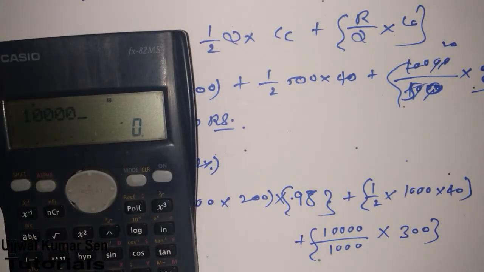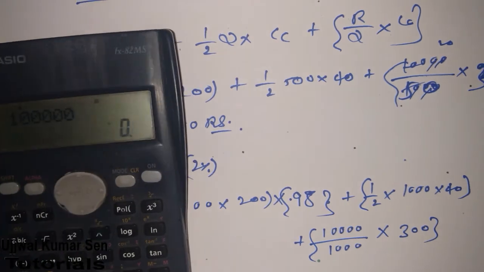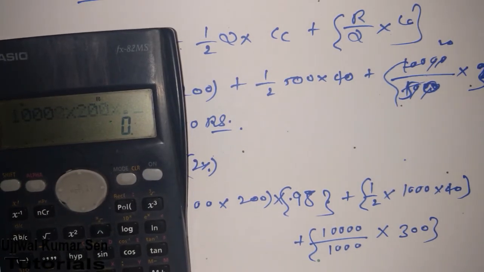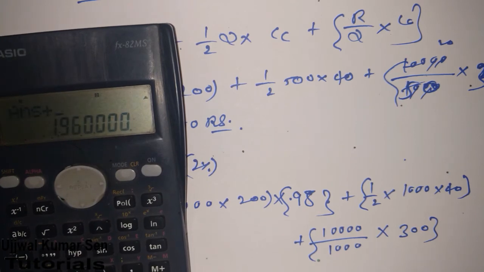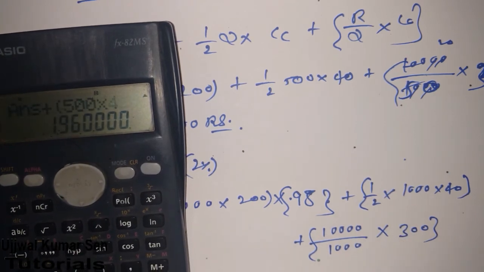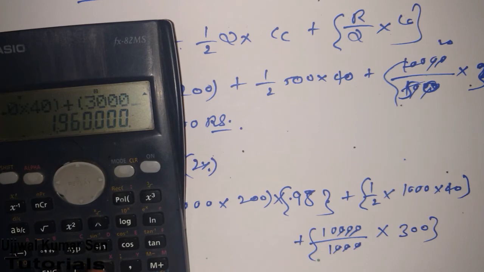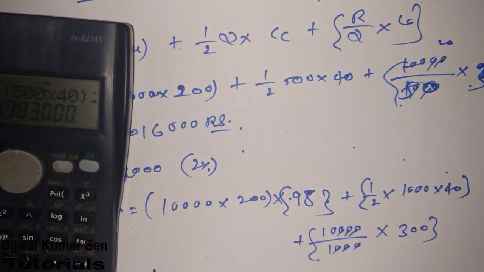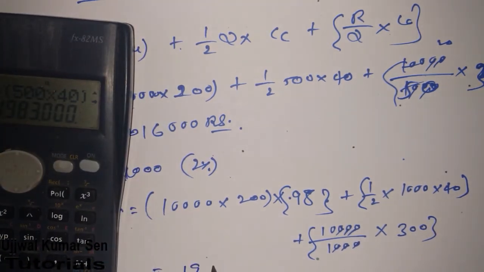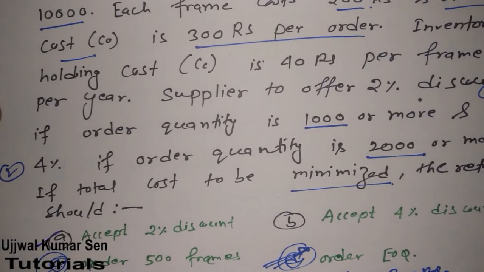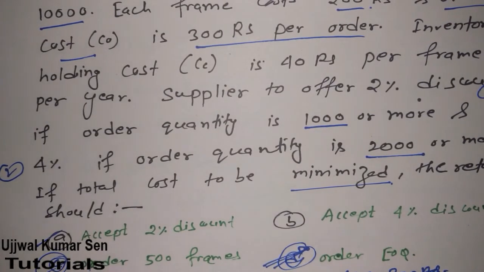So it's 10,000 multiplied by 200 multiplied by 98, plus 500 multiplied by 40, plus this cancels, so 3,000. So how much value are we getting here? 19 lakhs 83,000 rupees.